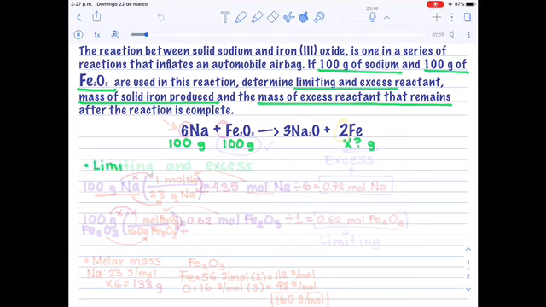So as you can see, we're following the same pattern as always. After this, we would start calculating the limiting and excess reactant, where we need to start changing the grams to moles. So we start 100 grams of sodium, then we would write the parentheses with the fraction, and we would end with moles of sodium.